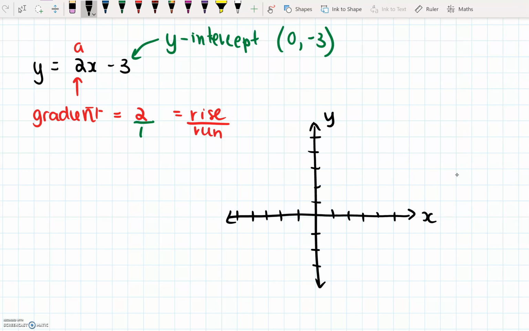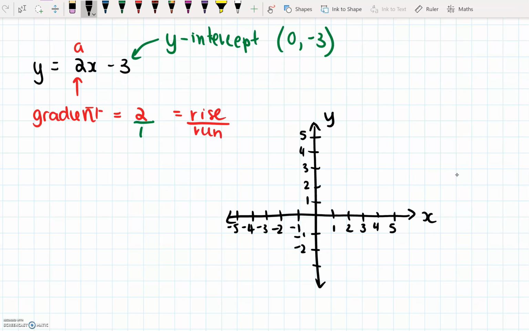Now, I do also expect that you try to keep the numbers below the axis. So 1, 2, 3, 4, 5 below, minus 1, minus 2, minus 3, minus 4, minus 5. And on the left, 1, 2, 3, 4, 5, because mostly we want to work in this positive space up the top, so we try and keep that one empty.